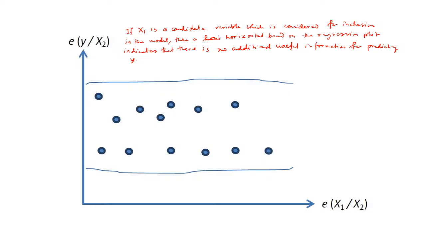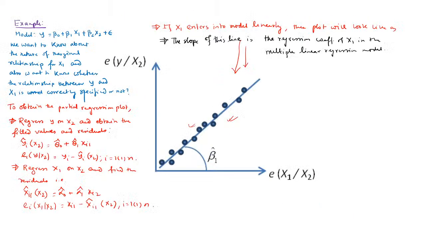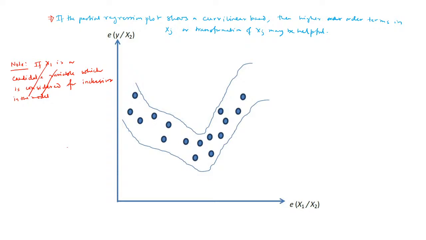So we get three types of graph. If your graph looks like this, you are happy with that situation. That means x1 enters the model linearly. If your plot looks like this, in that situation you need a higher order term in xj, or you need a transformation.